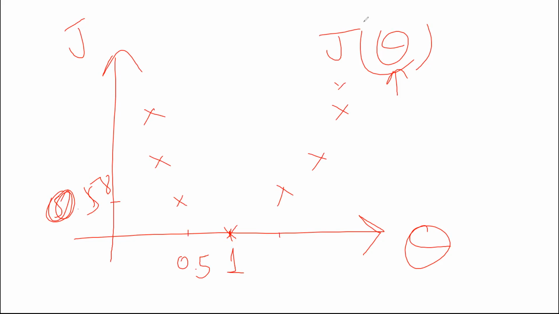So the actual plot which we will get is that at one point I will get 0, and for all the other points I will get some other values. With the cost function, my theta varies like this, so I can tell this is my best value for theta, and I should take my equation as y bar equal to 1 into x, that is, y bar is equal to x.